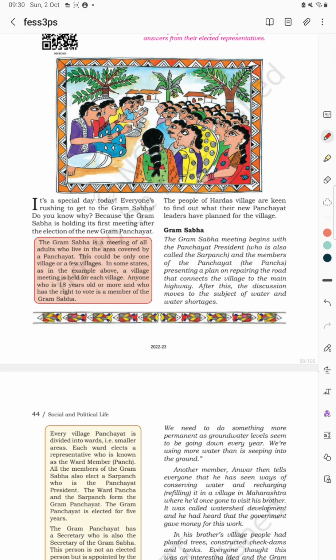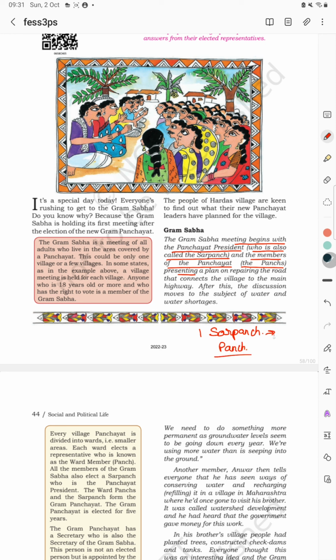The Gram Sabha meeting begins with the Panchayat president, who is also called the Sarpanch, and the members of the Panchayat, the Panch, presenting. Let me first explain. In a Gram Panchayat, one is the Sarpanch, who is elected by the Gram Sabha, and the other members of the Panchayat are Panch.